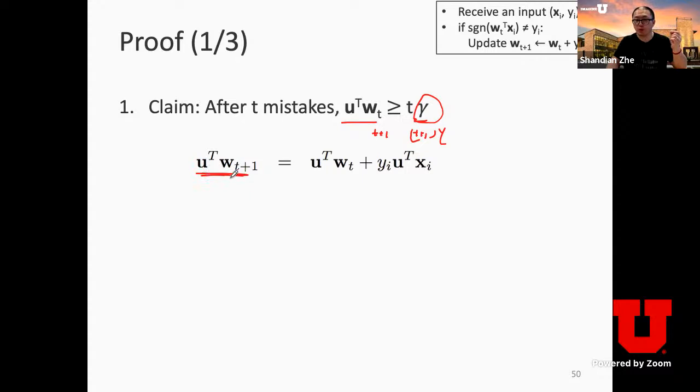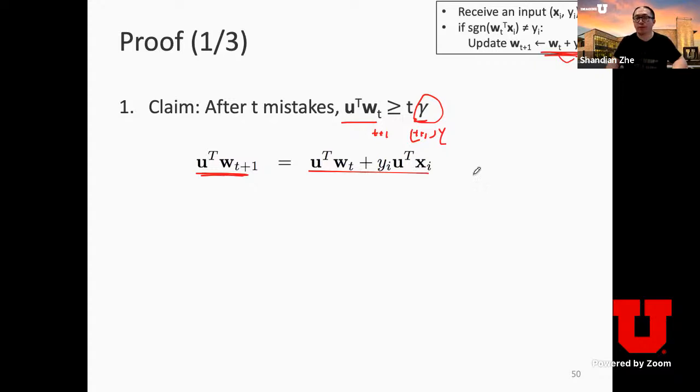We know that Wt plus 1 is updated from Wt by applying this updating formula. So we just substitute the updating formula for Wt plus 1, and then we use U transpose to multiply them. We get U transpose Wt plus yi U transpose xi.